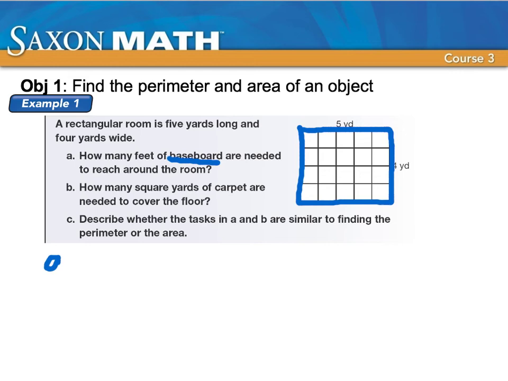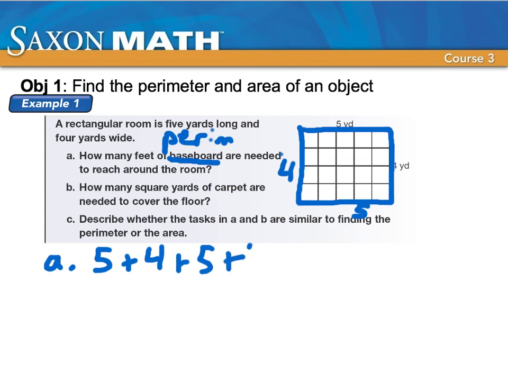Well, remember, baseboard is like the perimeter, so we need to add up all the sides. I've got 5 yards plus 4 yards plus this side down here at the bottom is going to be 5 yards, and this side over here is going to be 4 yards.